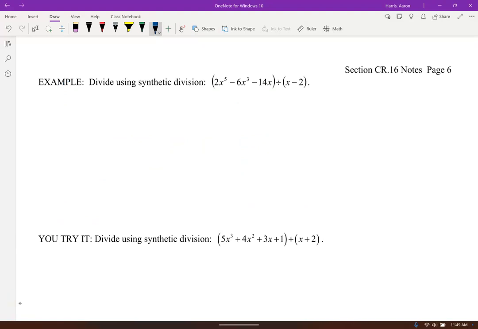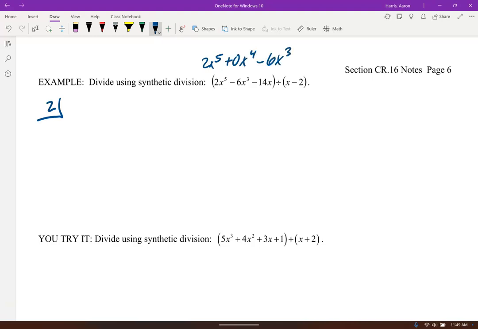All right, this one, let's identify k. x minus 2, so our k is 2. And the coefficients of our dividend, notice it is 2x to the 5th. So 2, there's no x to the 4th term, so it'll be 2, 0.